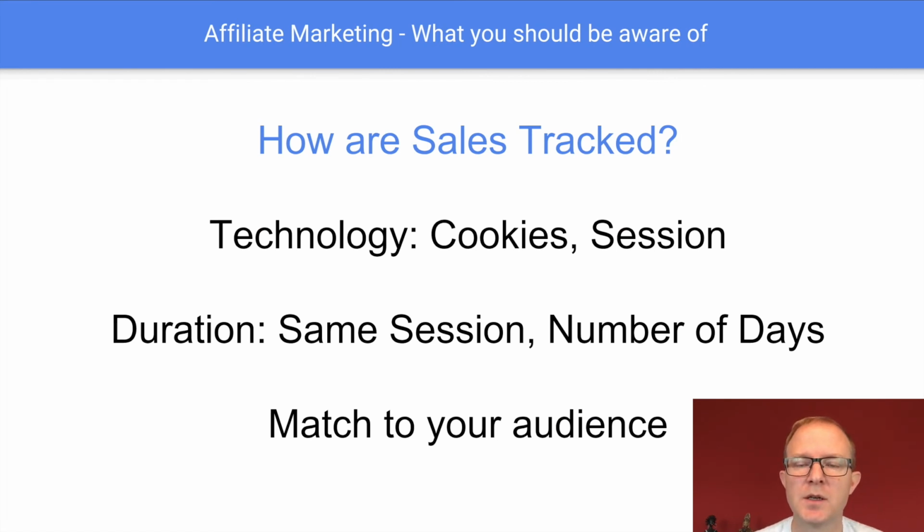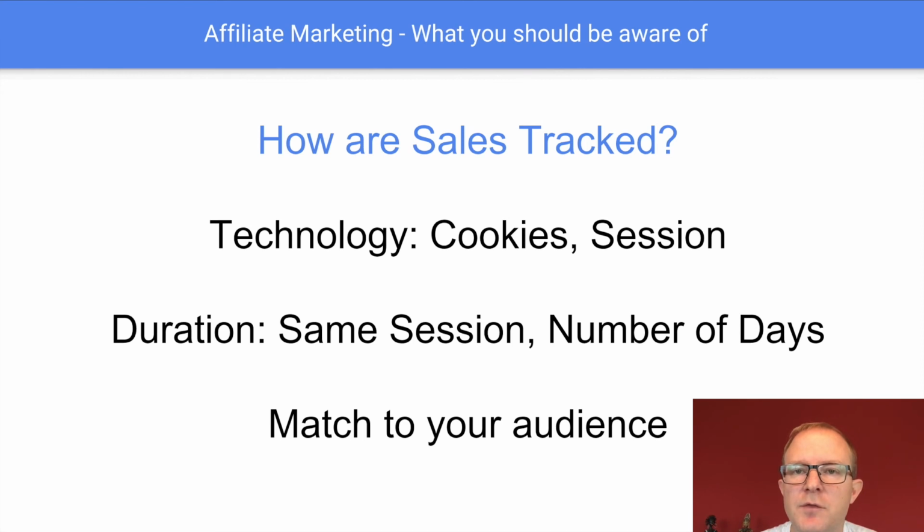What should you pay attention to if you choose an affiliate program? The most important question I already mentioned: how your sales are tracked. There are different technologies, cookies or session-based, as I just said.